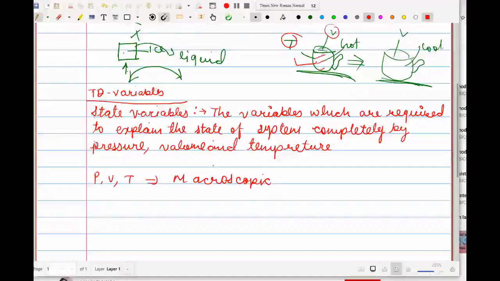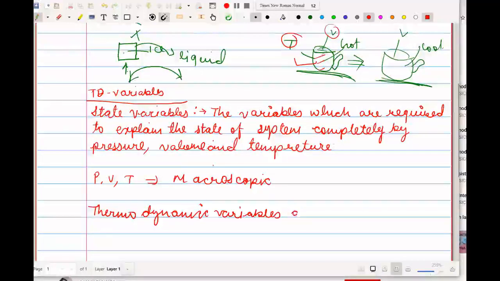So here these state variables are not independent. Here I can say that thermodynamic variables are not independent.